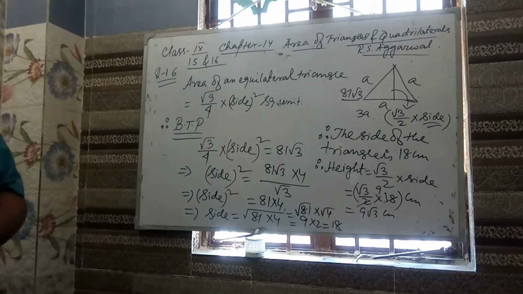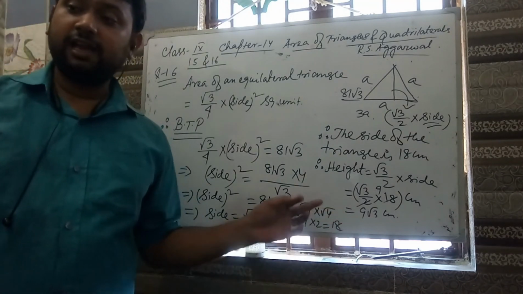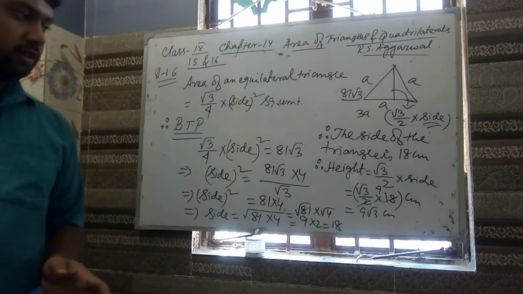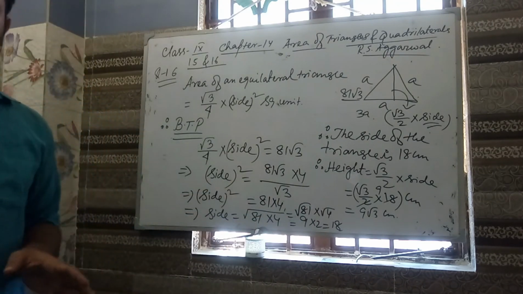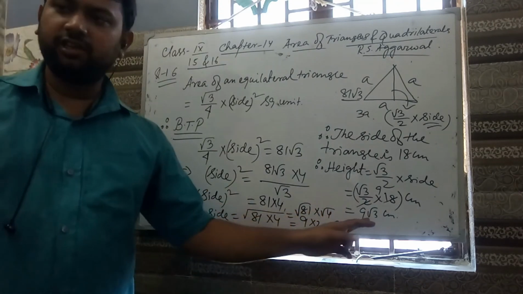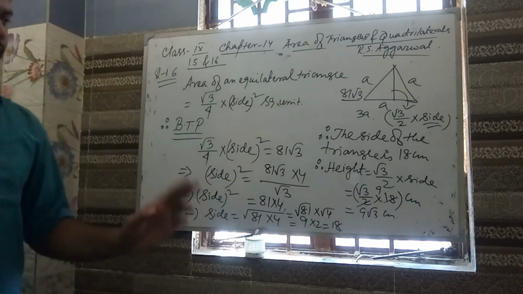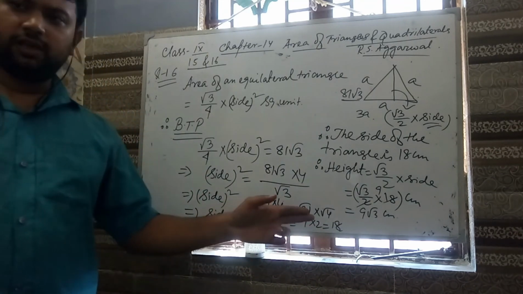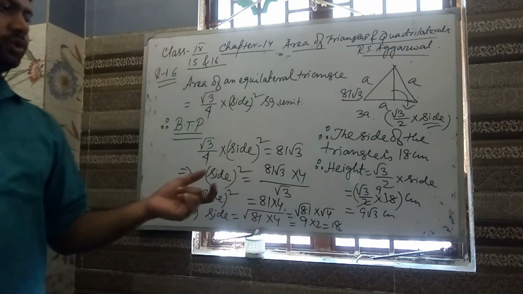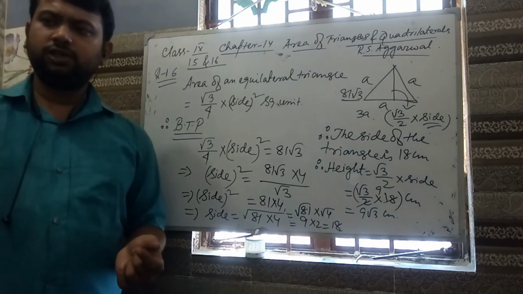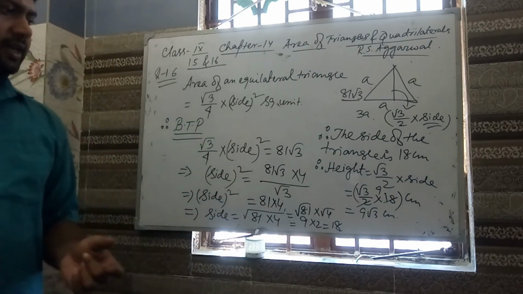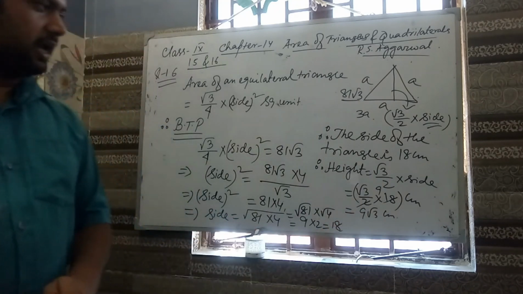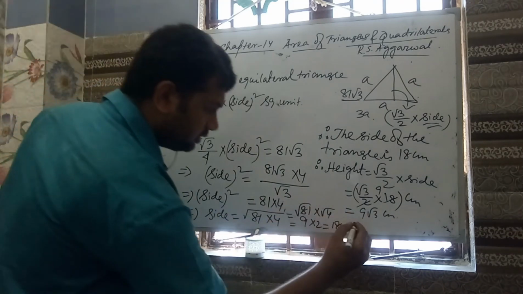Now look, here the height is 9 root 3 centimeter. We do not have the value of root 3 given. So if it is given, that is, put root 3 equal to 1.732. For that case, you have to multiply, for that case only, not here.